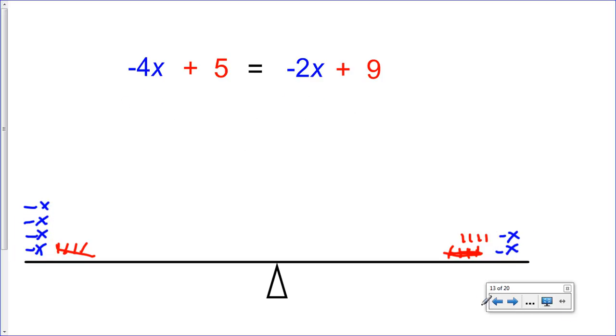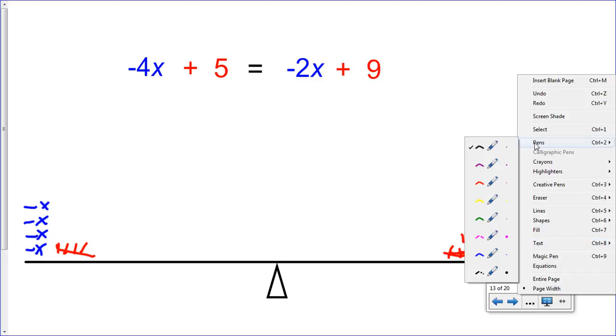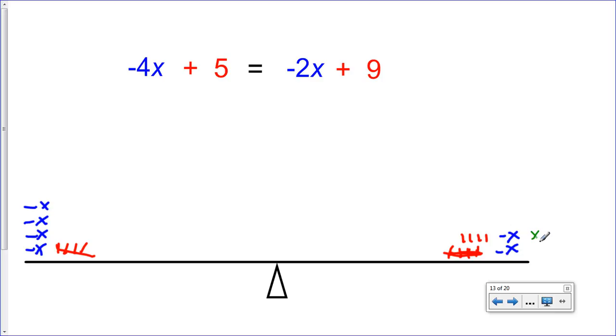And finally, I want to do it the other way around. I want to cancel out these 2 negative x's here, and that means I have to do that by adding 2x to both sides.